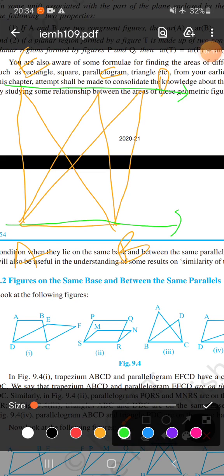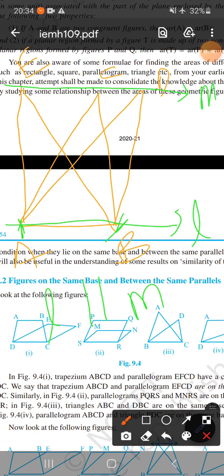Let us name them L and M. These three triangles are sharing the same base, that is base AB, and these three triangles are also lying in between the same two parallel lines, that is line L and line M, which are parallel. So L is parallel to M. This is the meaning of a polygon lying under the same base and between the same parallel lines.